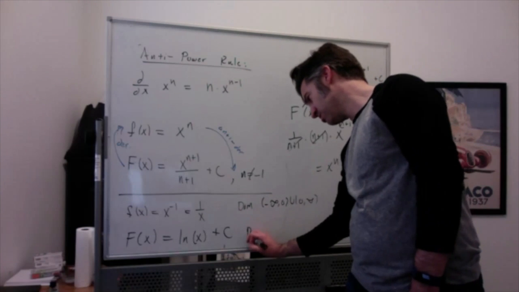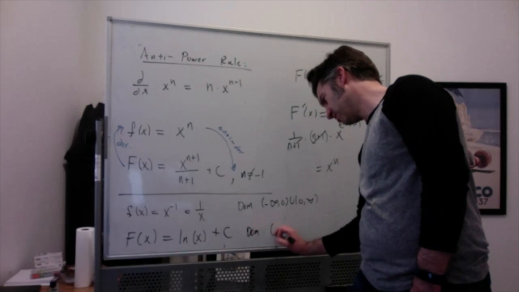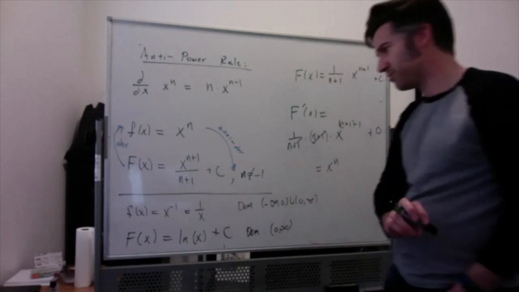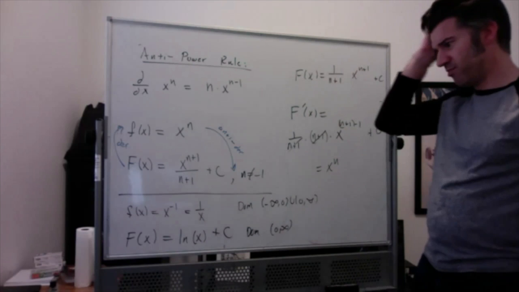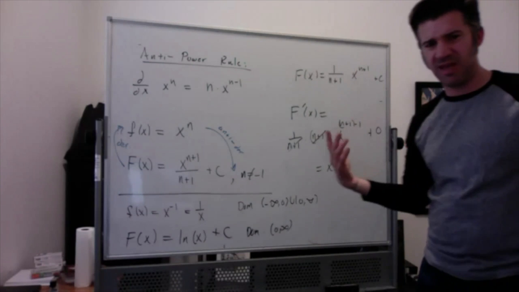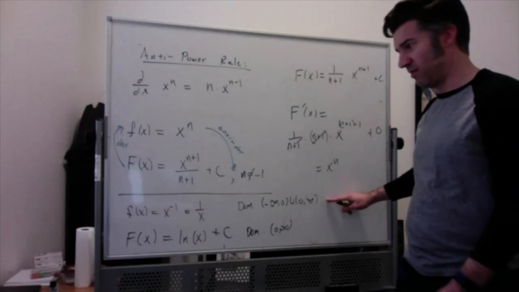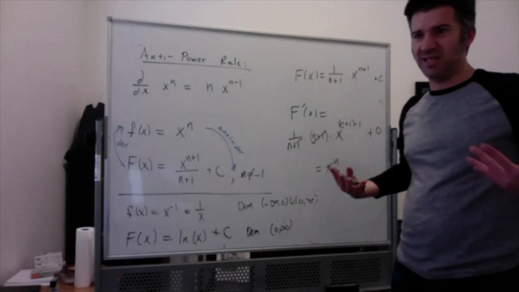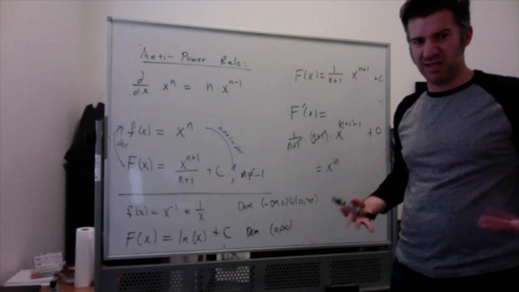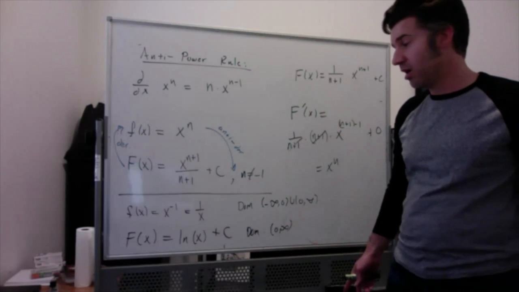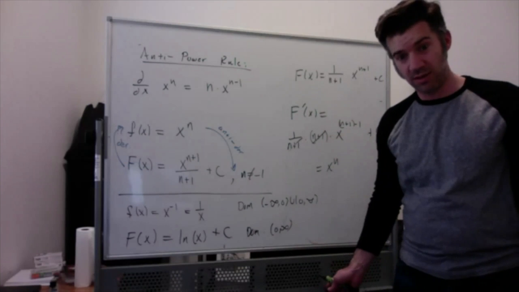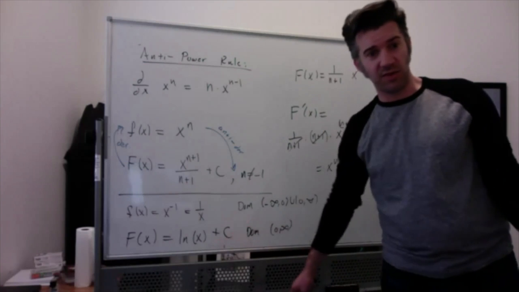It's everything that's positive. But the domain of the antiderivative should kind of have all of the domain of the function. You shouldn't anti-differentiate and get less domain. It's weird. And the thing is, we actually don't. It's just that we're not looking at this as fully as possible.